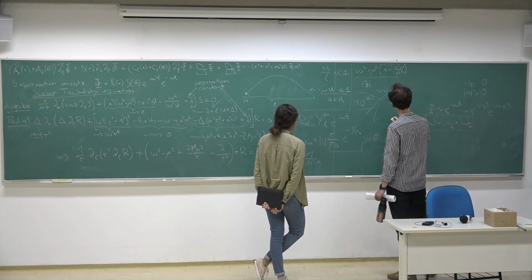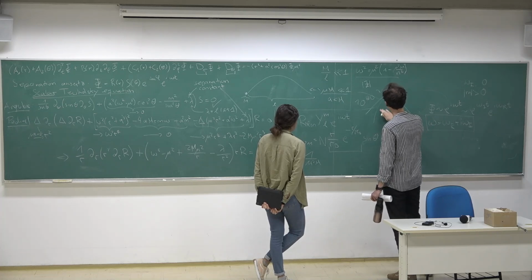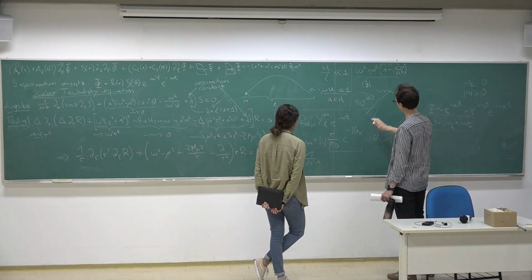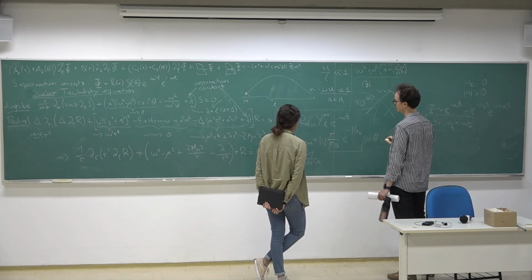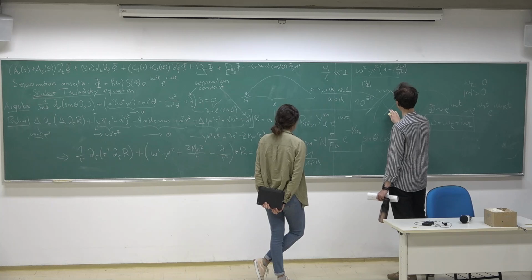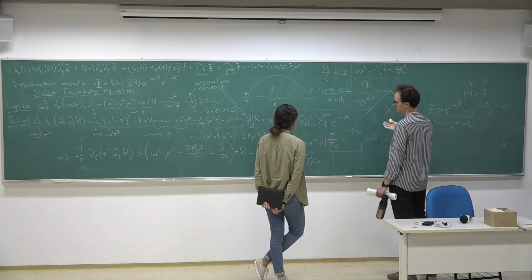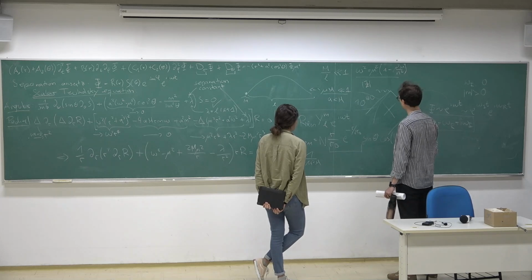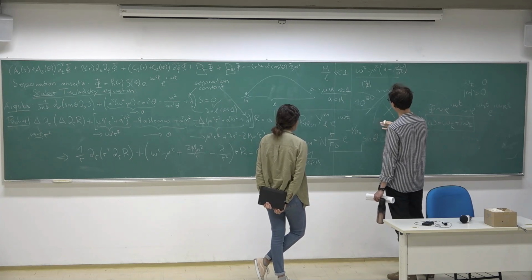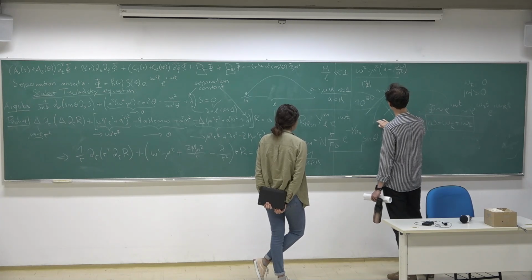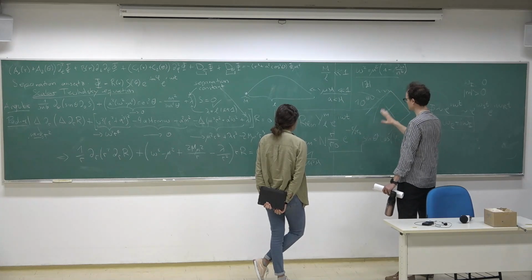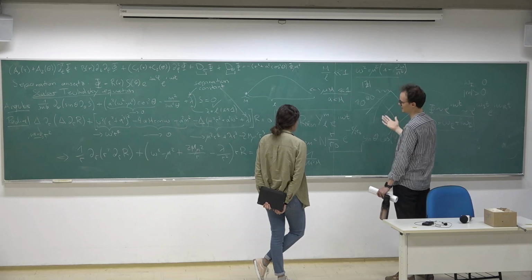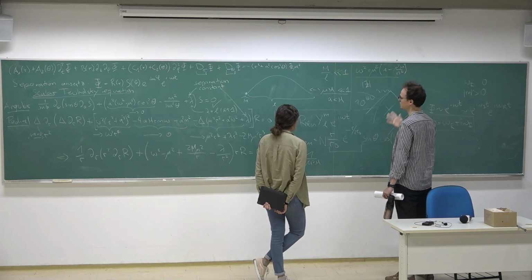But in general, it's null in the sense that you can define some vector that is null along it, but I can define a vector to be null along any event. If I pick this event and shoot a ray right there, this will be null. So there's nothing special about the surface being null. There's something special about the Killing vector turning null, but the fact that it is null is not special.